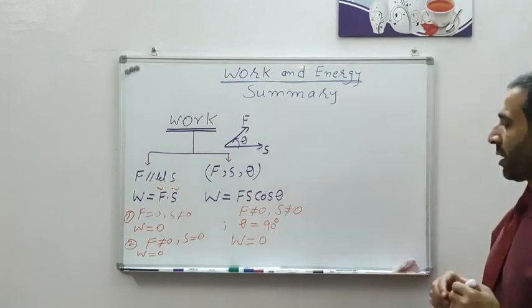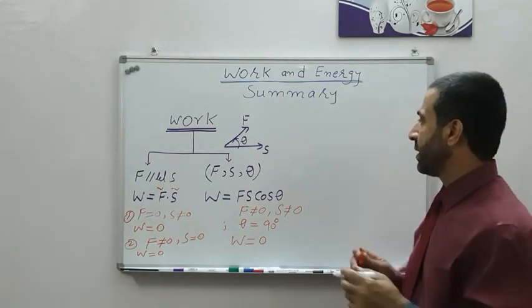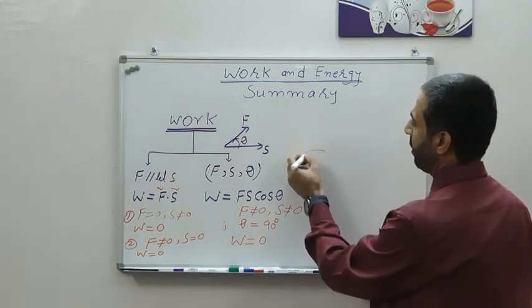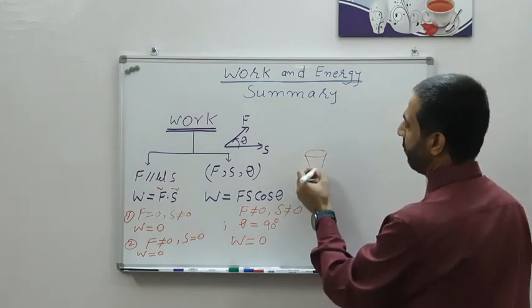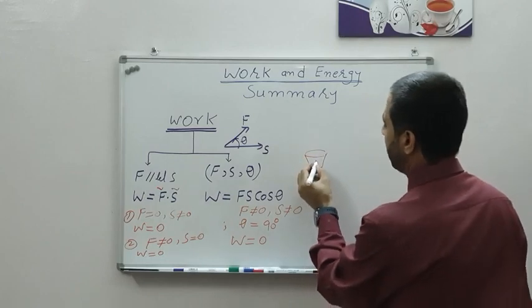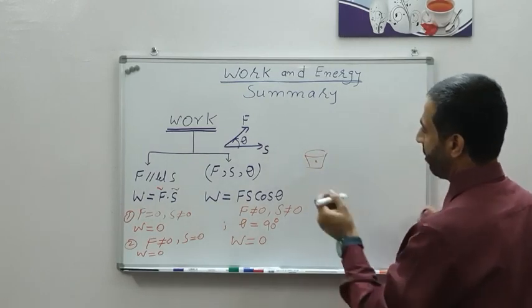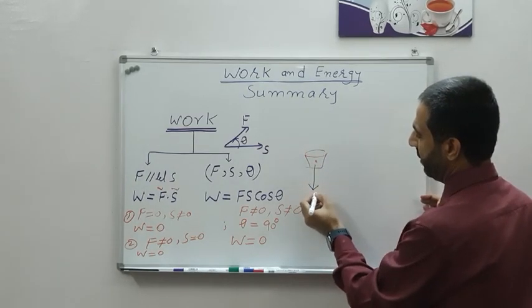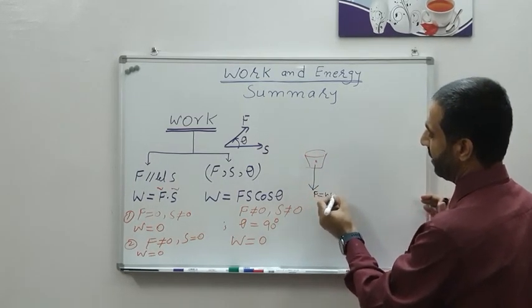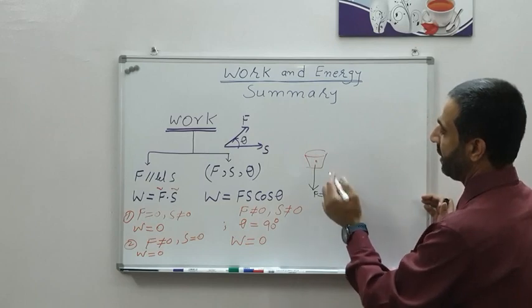Look at the work done by gravity. If you have to carry a basket of water, the gravitational force acting on the basket is in the downward direction. That is the force exerted by gravity, m into g, the weight, right?